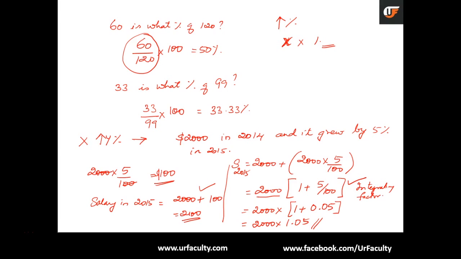Now let's take, for example, if the value has to go up by 20%. So what is the multiplying integrating factor? x into 1.20. Now the value has to go up by 30%. You do x into 1.30. The value has to go up by 5%. In that case, we have to do 1.05, just like how we have done out here. Now if it has to go up by 10%, x into 1.10. So do you understand what I am trying to show here?